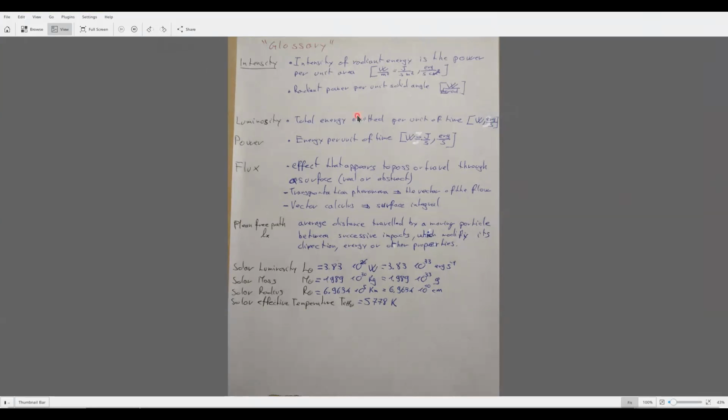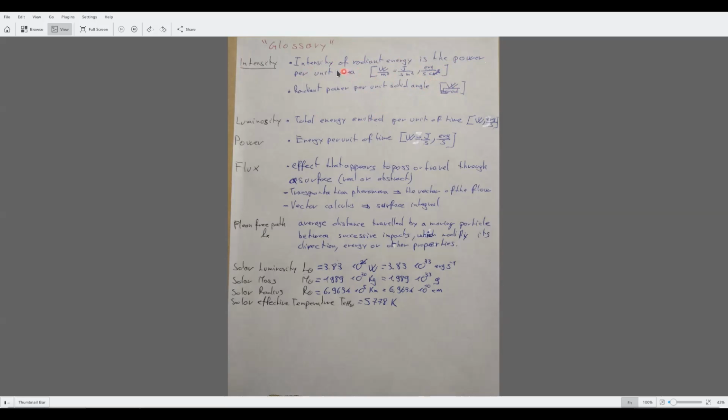Okay. I'll send you this little glossary since you can sometimes have some problems, and also you see intensity sometimes defined as power per unit area.